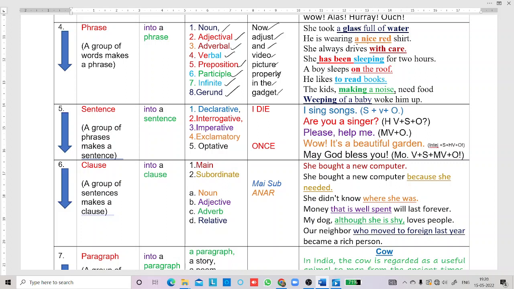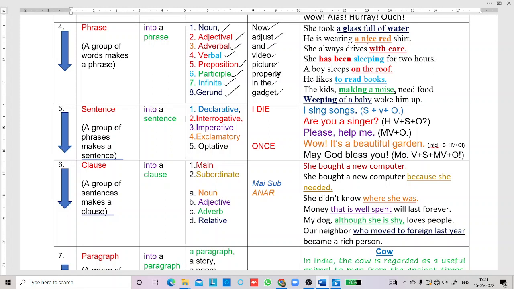Next one is preposition. What is a preposition? Already you have known. Now prepositional phrase means a group of words with a preposition, or a preposition describing or following a noun, is called a prepositional phrase.